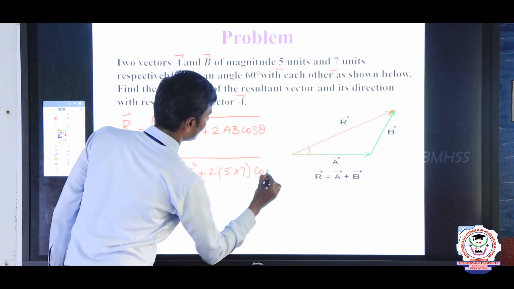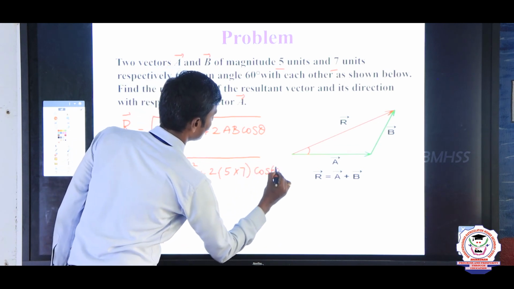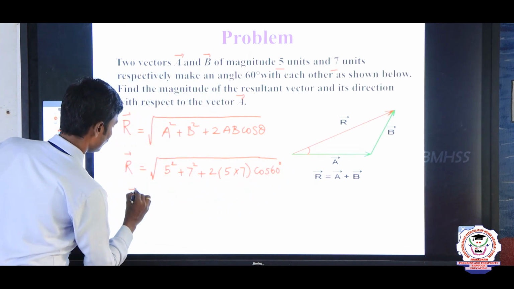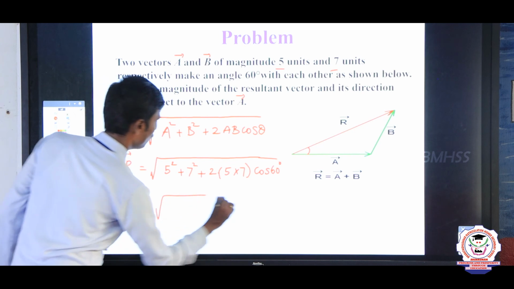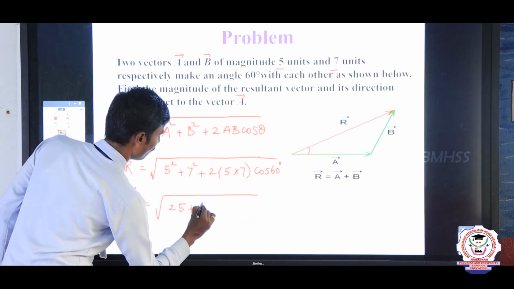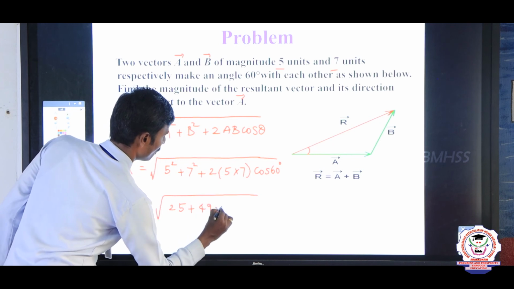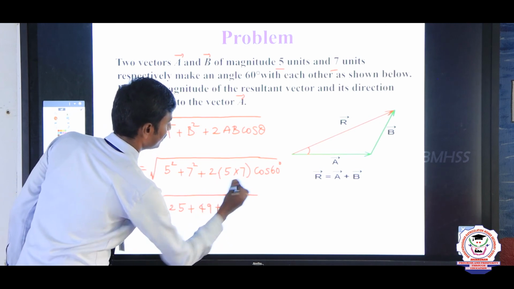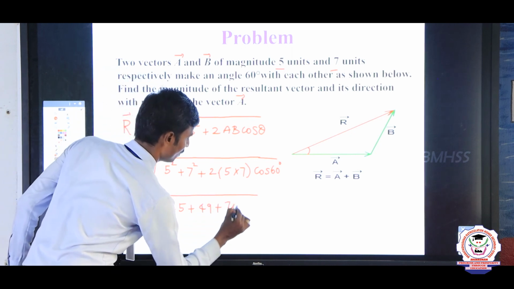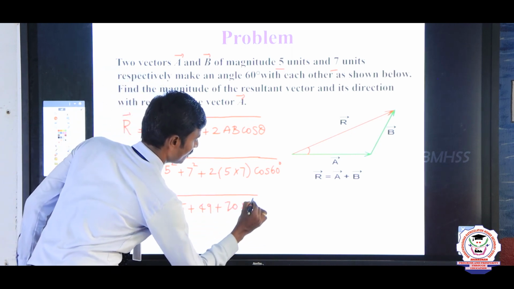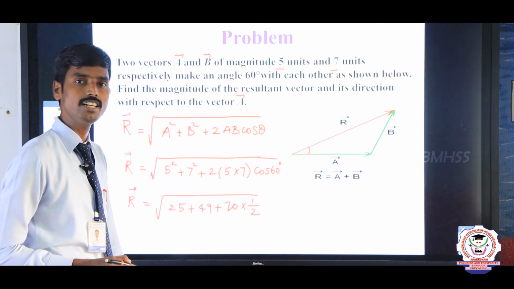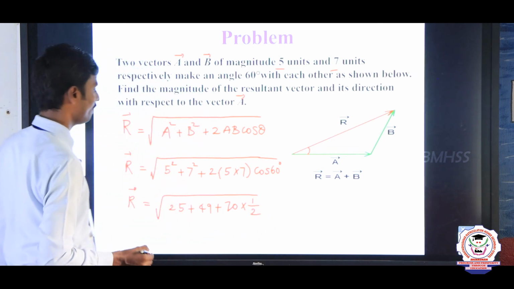You know, cos theta angle given is 60 degree. Already we know that cos 60 degree equal to 1 by 2 according to trigonometry function.